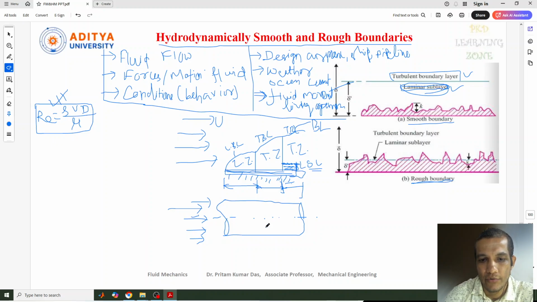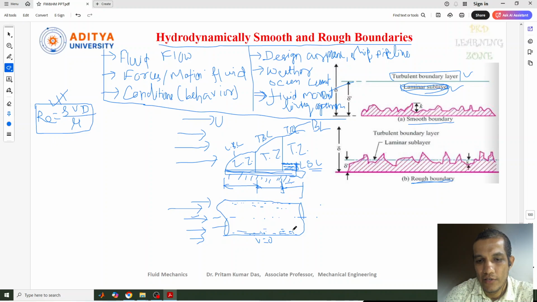When the fluid is flowing, at the wall of this boundary, the velocity will be negligible. At this zone we won't get that much flow velocity. That's why we consider the velocity at this zone to be 0. And near the surface, it again increases a little bit.